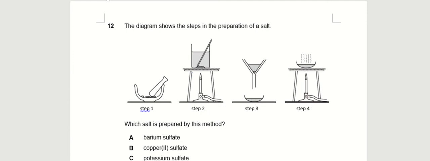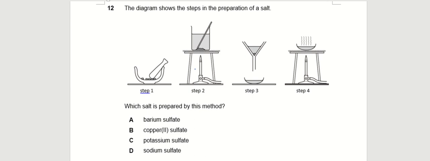Number 12. The diagram shows the steps involved in the preparation of a salt. You notice that in step 1, there is some solid material which we are pounding into a more powdery form. Step 2, we are heating with another substance, a liquid, and we are stirring. Step 3, we are filtering.